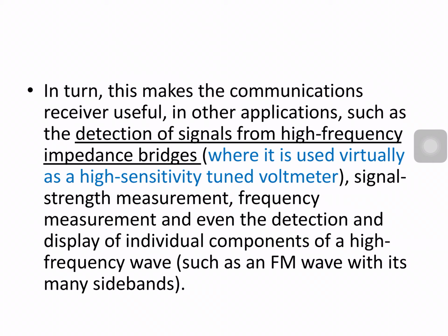Generally it is used virtually as a high sensitivity tuned voltmeter. Signal strength measurement also uses this double conversion method, and frequency measurements and even the detection and display of individual components of high frequency waves. In these applications the double conversion method is used.